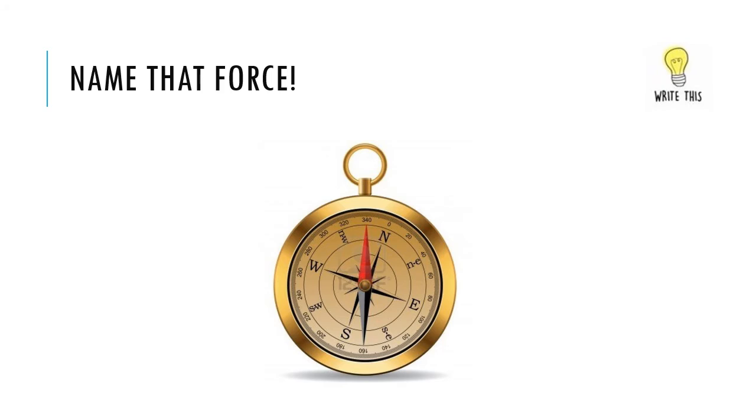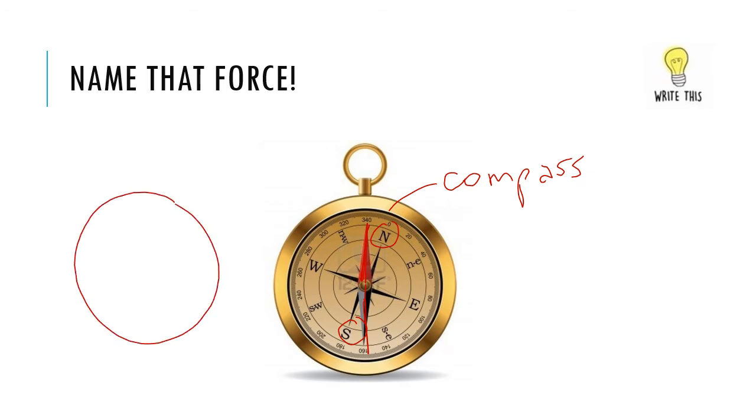All right, so first of all, what is this? This is a compass. If you think about a compass, if you notice, it has a north and a south, right? The red arrow is always going to point to north, the gray is going to point to south. But how does that happen? If you think about our Earth, we have the North Pole and we have the South Pole.